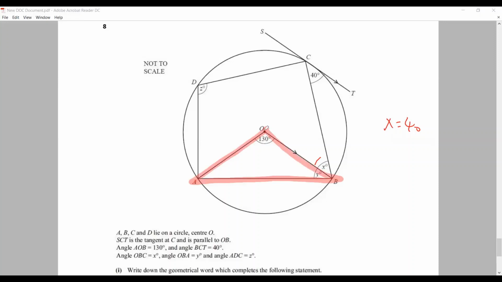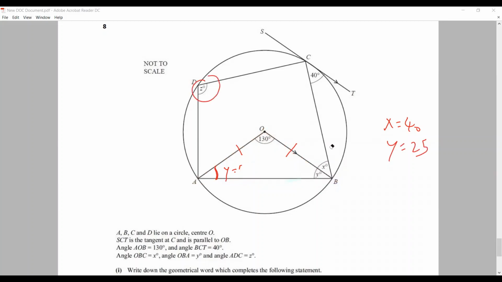That's an isosceles triangle because these two sides are basically the radii of the circle, right? So if this is Y, this should be Y too. They both have the same value. So 180 minus 130, 50, divide by 2. This is 25 and this is 25. So Y is 25.